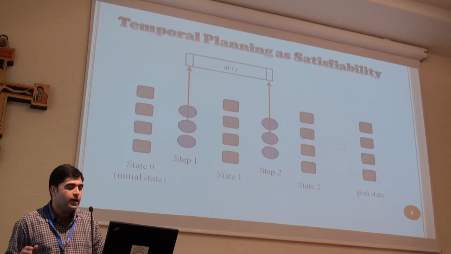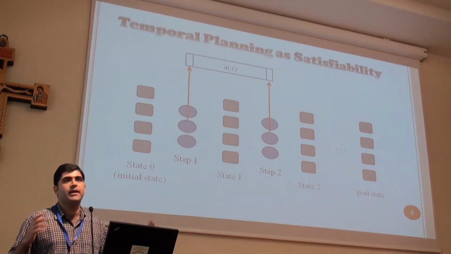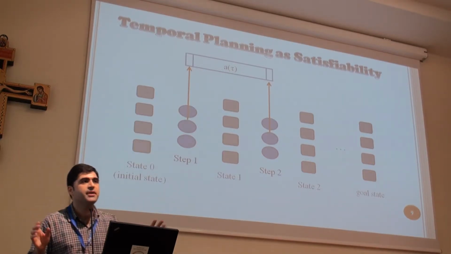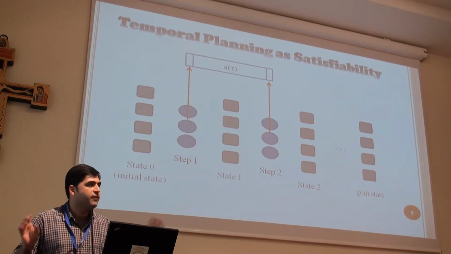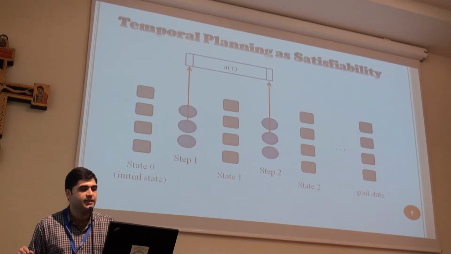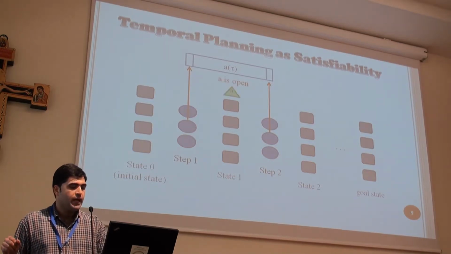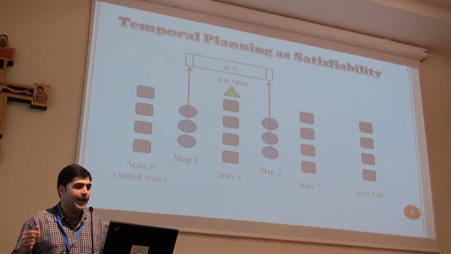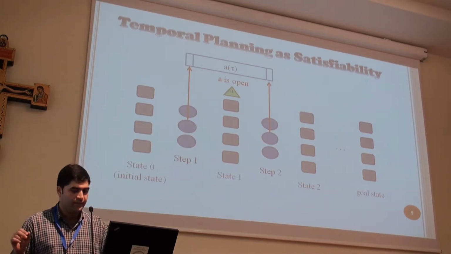One straightforward way to translate temporal planning into a SAT formula is to consider the members of each step as temporal events instead of classical actions. So an action can start in step 1 and end in step 2. This way, we need an extra proposition to represent that an action has been started but not finished yet.